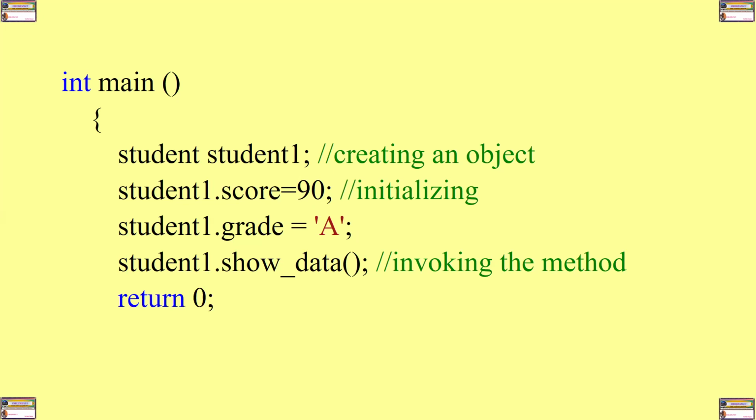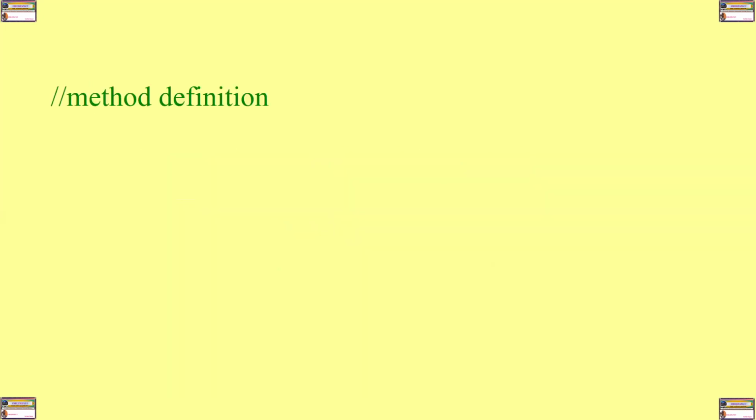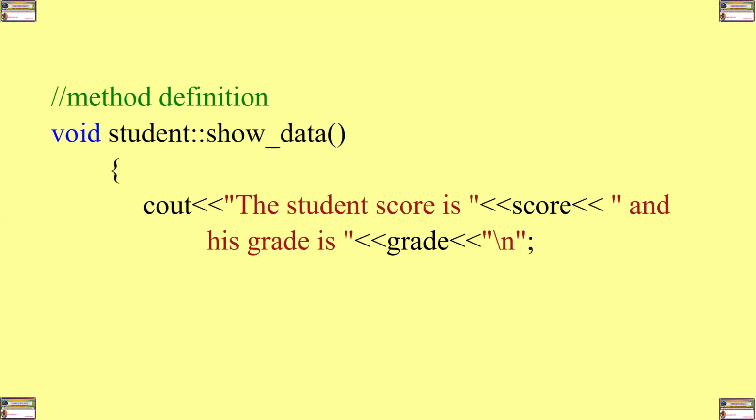Once that is done, the next statement will be invoked, which tells the compiler to return control back to the operating system and end the program. From there, we can define the method for showData. We have discussed this method. It remains just like we have seen in the previous example. This function is purely meant to display the contents of the data members, score and grade.